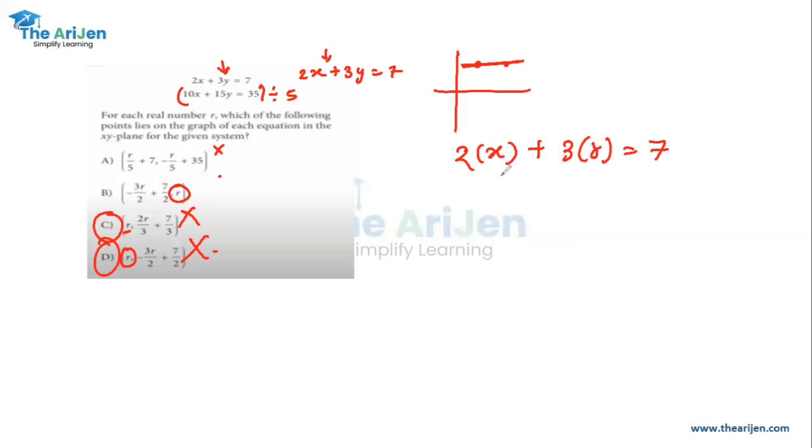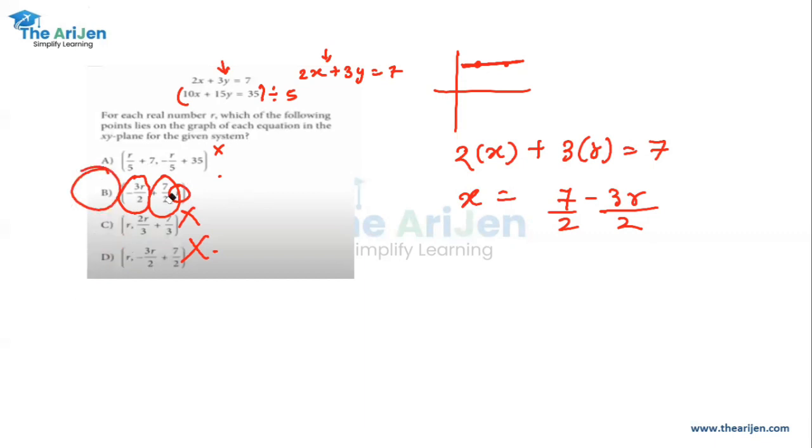Here it is 3r and 2x is there. So I am subtracting 7 minus 3r first, and then I'll divide by 2. Am I getting x as 7 by 2 minus 3 by 2 r, which is correct? So here option B is correct instead of options C and D. So A, C and D are eliminated and the right option is option B.